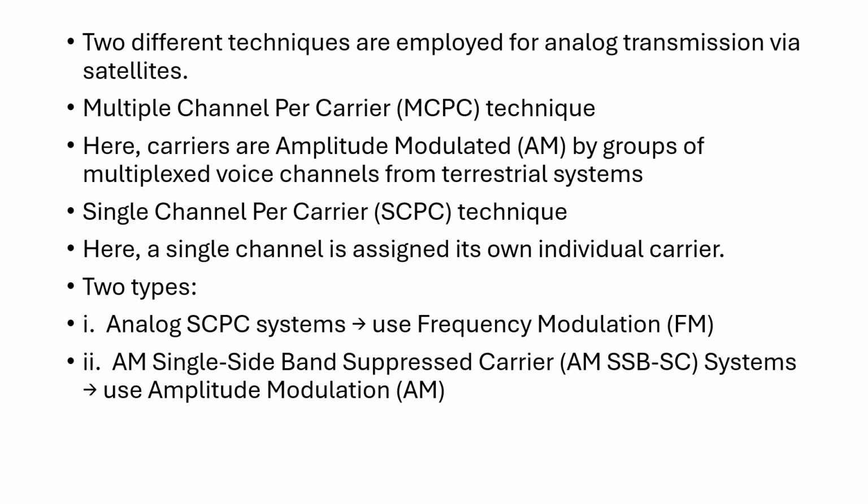And in the second case, for SCPC, a single channel is assigned its own individual carrier. It is of two types, analog SCPC and digital SCPC. Here an analog SCPC system uses frequency modulation. Next is the AM single sideband suppressed carrier method, which uses AM modulation schemes.